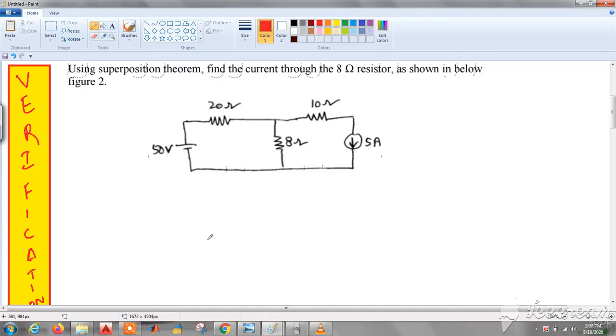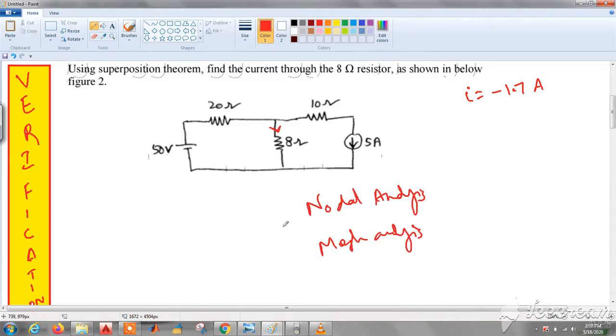In the exam, if you have enough time, you can verify whether your answer is correct or not. Our answer was minus 1.7 amperes in the downward direction. You can use any method to verify your result by taking the full circuit. You need not consider one source at a time, because we are not using the superposition theorem.